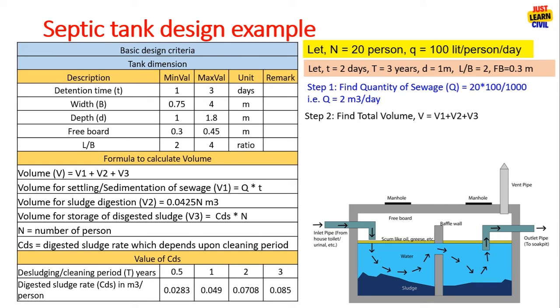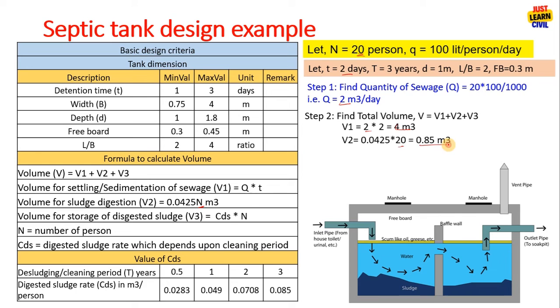Now go to step 2, find the volume. We already saw the formula V1 plus V2 plus V3. Now V1 equals Q into t. This is the Q, quantity of sewage. Small t means detention time. We have assumed it to be 2. So V1 equals 2 into 2 equals 4 cubic meter. V2 equals 0.0425 times n, where n is the number of persons, 20, because we have 20 persons.